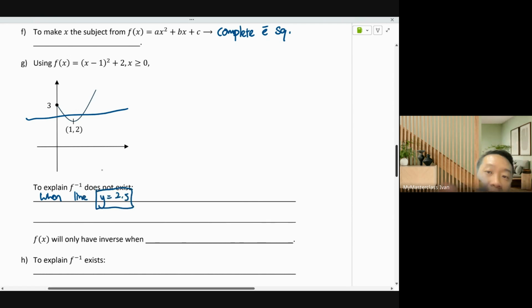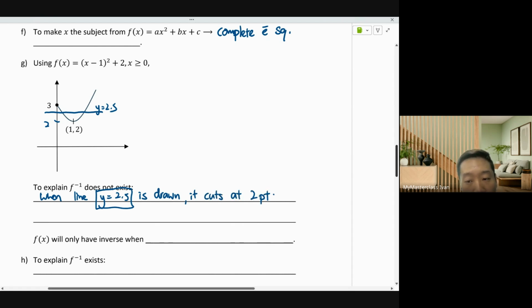Why 2.5? Because the y value of this is 3, the y value of this is 2. We draw a line here. This is y equals 2.5. It's drawn. It cuts at 2 points. It is not 1-1, and f inverse does not exist.